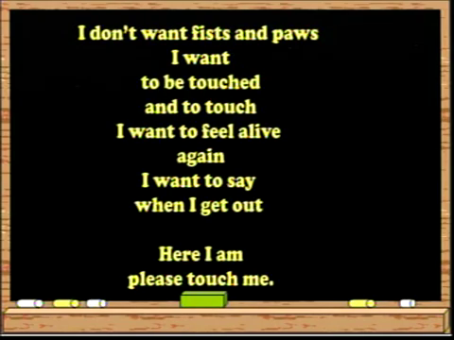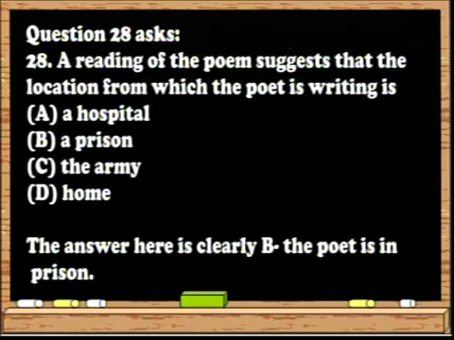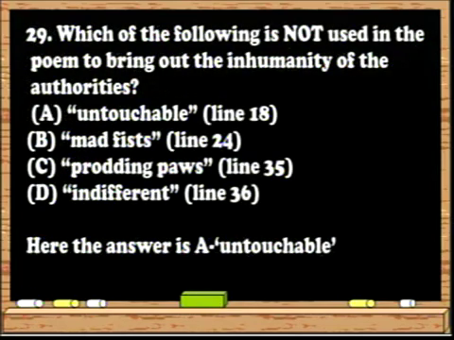Question 28 asks, a reading of the poem suggests that the location from which the poet is writing is A. a hospital, B. a prison, C. the army, D. home. The answer here is clearly B. The poet is in prison. 29.